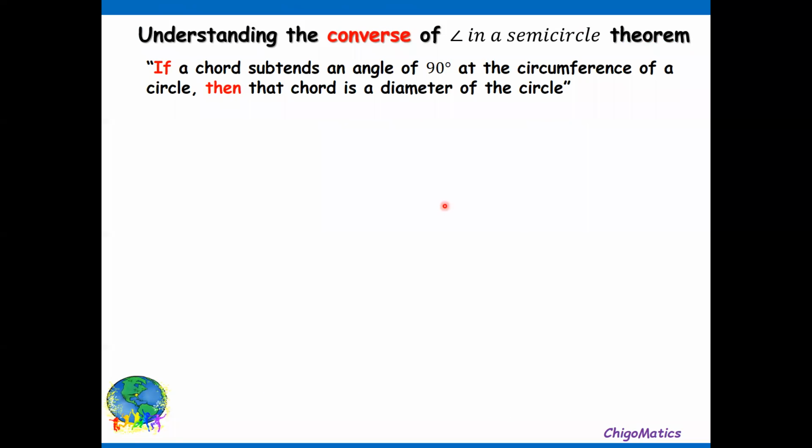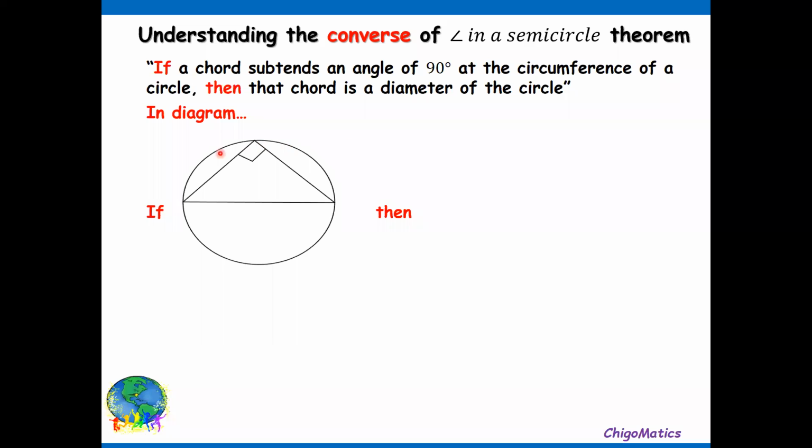Understanding the converse of angle in a semicircle theorem. If a chord subtends an angle of 90 at the circumference of a circle, then that chord is a diameter of the circle. In a diagram, you are given that's your hypothesis. Now remember, converse, you switch the hypothesis and the conclusion.